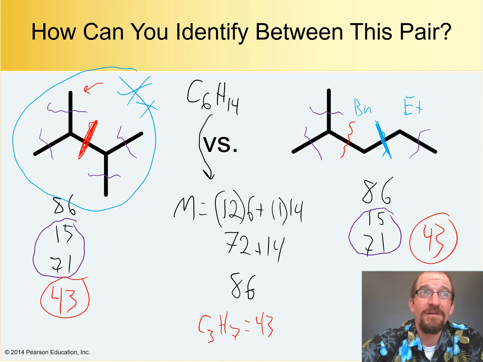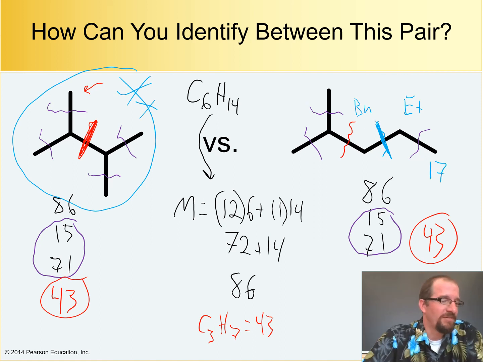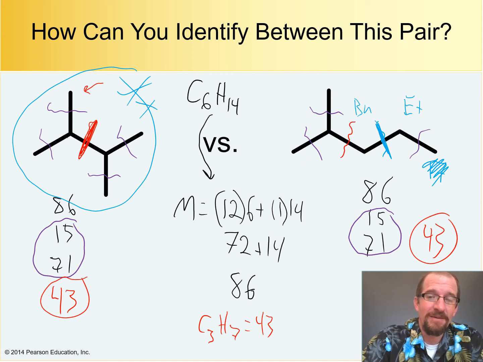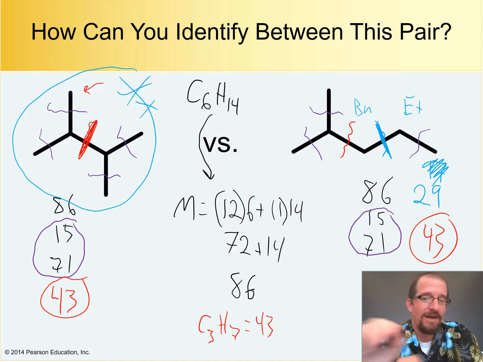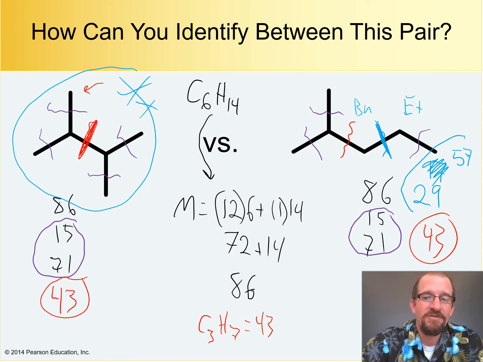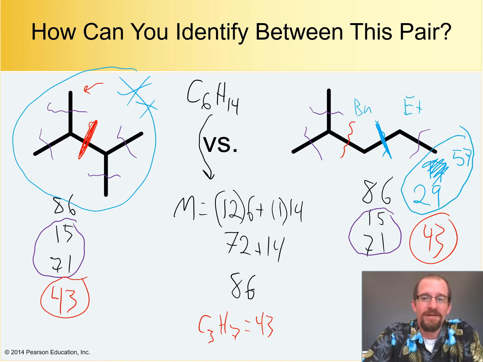So that's 12, 17. So we would have a mass of 17. Nope, that's a lie. 24 plus 5 is 29. I'm sorry, that sounds a lot better. You would have a mass of 29 for the ethyl group, and then you would have a mass of 57. So that's 86 minus 29, 57. So you would have these extra masses for the right molecule.